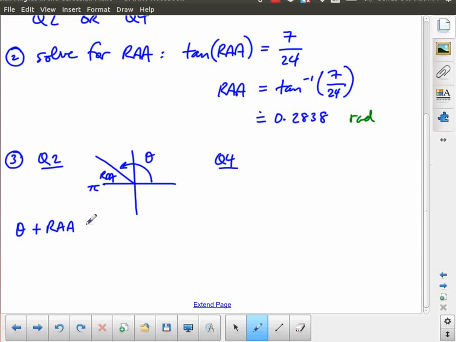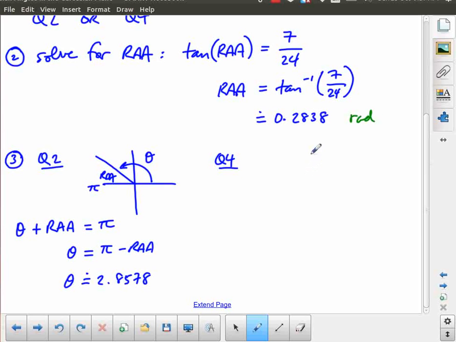But we're interested in theta, and you could go straight to this, which is theta must then be pi minus the related acute angle. So theta is approximately equal to, and I'm just going to do that whole thing on my calculator, pi minus my previous answer, and I end up with approximately 2.8578. And again, you could say that has units of radians, but it's not necessary.